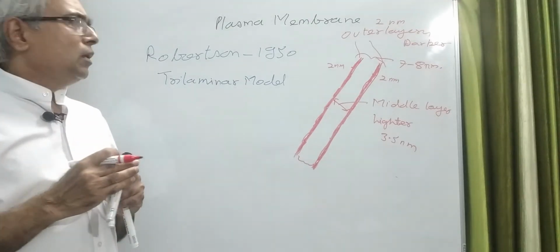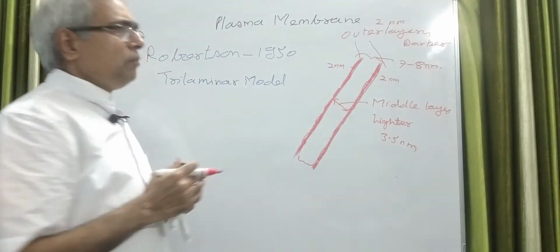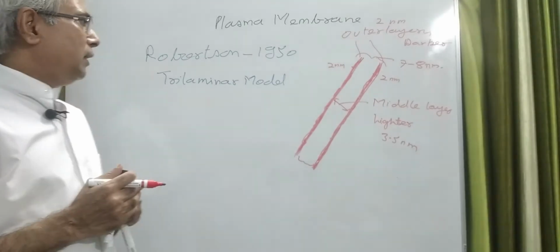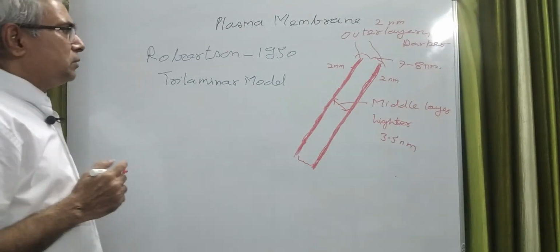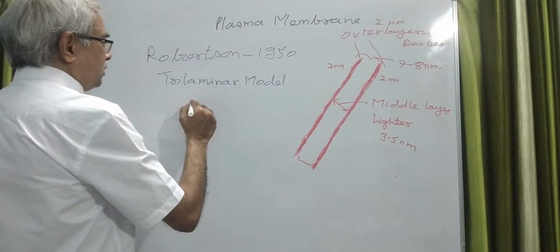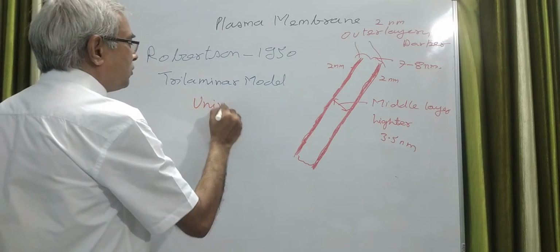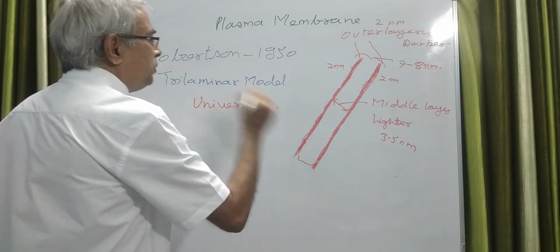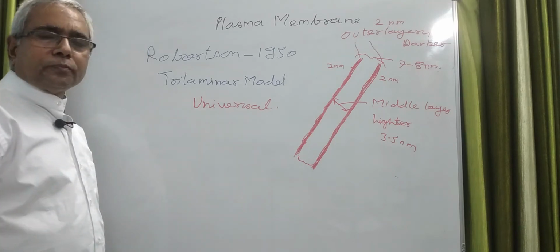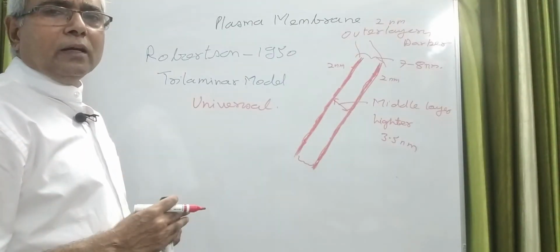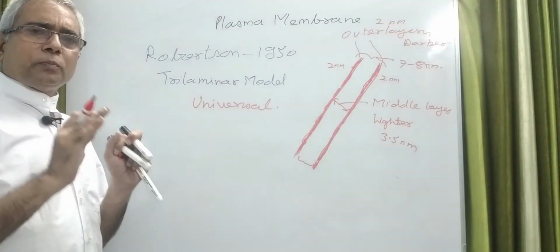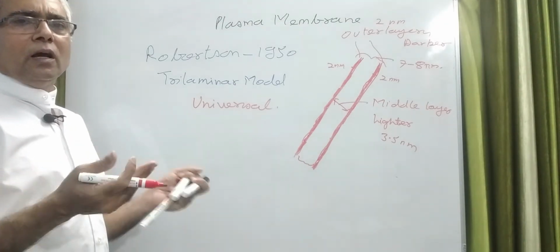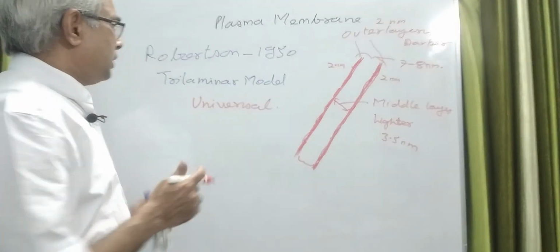All the membranes are of the same nature, and on this basis he termed this model as universal. Means it is everywhere present. This structure is present in all types of membranes, or you can say biomembranes.